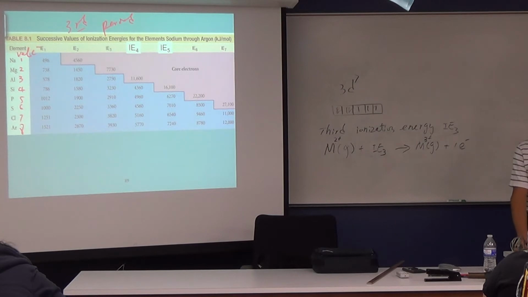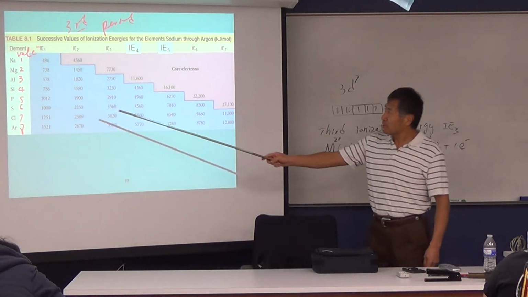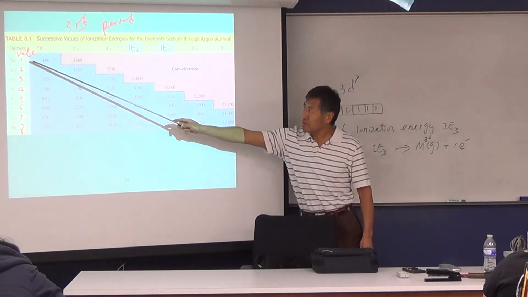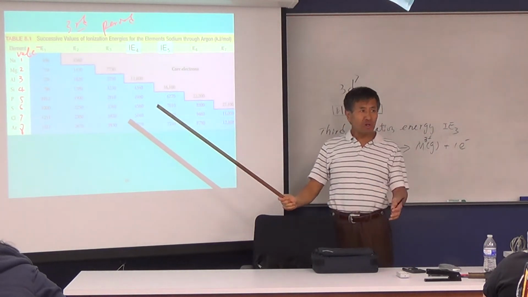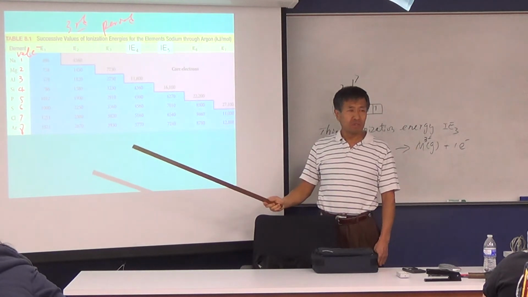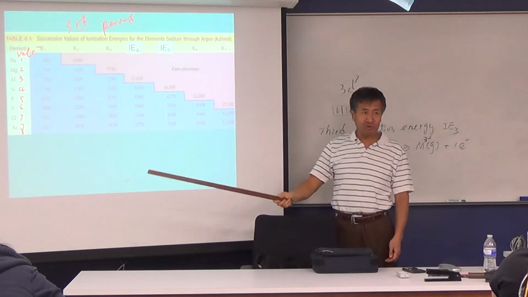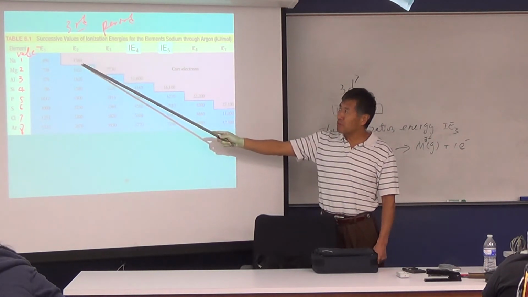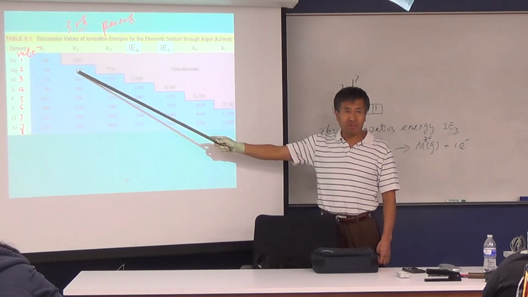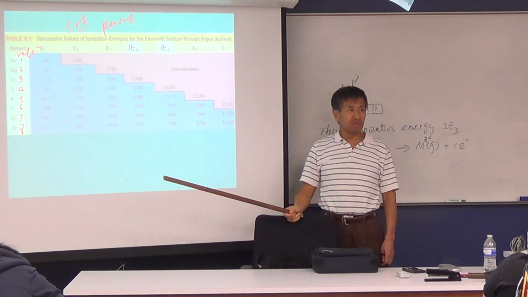Now you can see, you remove the first electron for Na, that's easy because you are removing the only valence electron. And when you remove the second electron, we call that IE2, and that becomes 9 or 10 times more difficult than the first one.